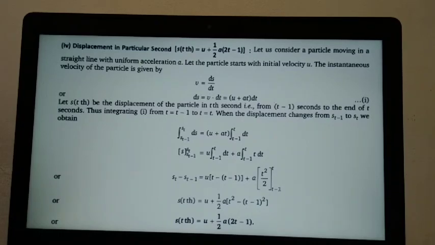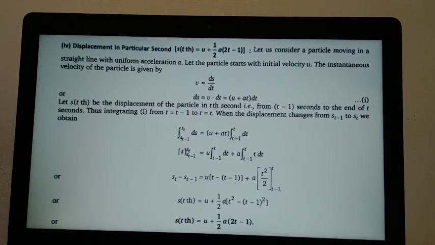Is there any confusion? I repeat the step. In the second integral, you have half a outside, you keep that as such. In the square bracket, you have t square minus (t minus 1) whole square. That will become t square minus of (t square minus 2t plus 1) in the curved bracket. When you break that curved bracket, you have to multiply all the terms in it with the minus.